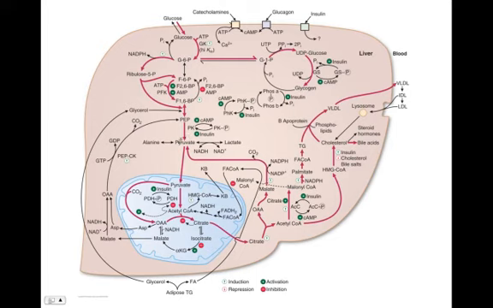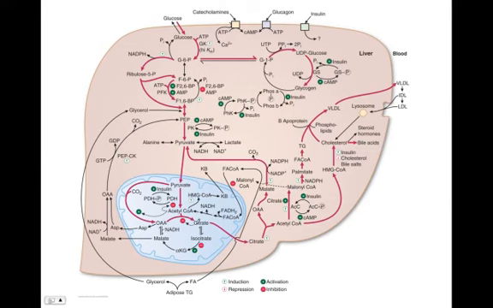From here, pyruvate can be converted into lactate under anaerobic conditions, but the majority of pyruvate will enter into the mitochondria and be converted to acetyl-CoA by pyruvate dehydrogenase complex. This complex is also regulated by phosphorylation and by any number of allosteric inhibitors or activators.